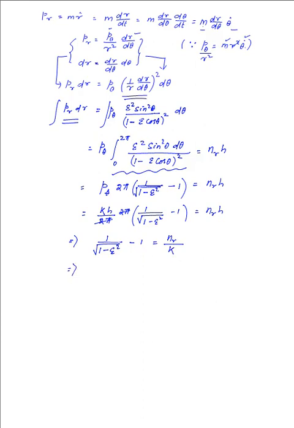And finally, the square root of 1 minus e square, if you were to calculate it directly, the 1 goes to the right hand side, becomes plus 1. We have nr plus k divided by k, the reciprocal of that, k divided by nr plus k. And this is obviously equal to b by a.